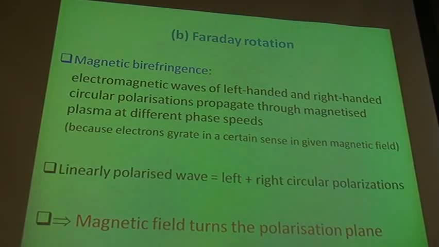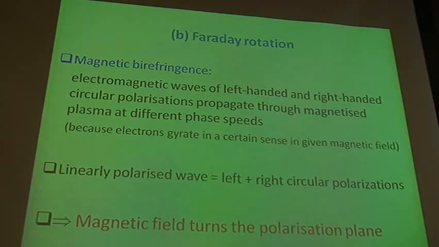So if the direction of magnetic field is like this, obviously the electrons will prefer to move around this magnetic field. Anticlockwise, right? Like this. Electrons like to move in a certain direction around this magnetic field. If they move forward along the magnetic field, they want to turn anticlockwise.